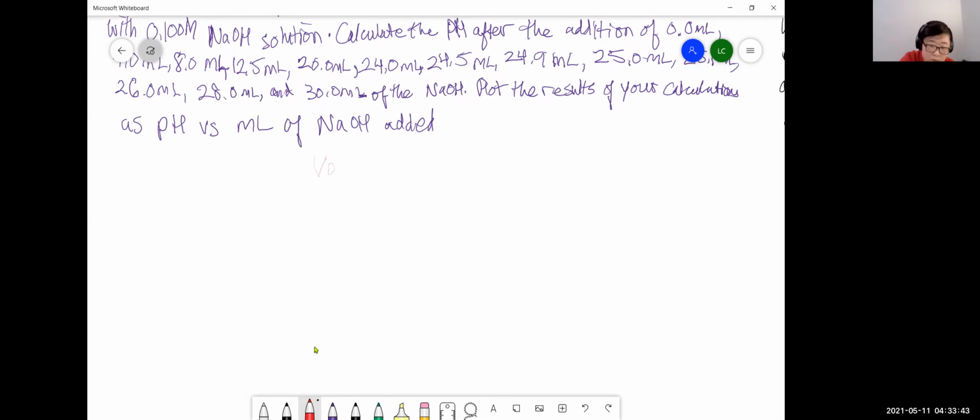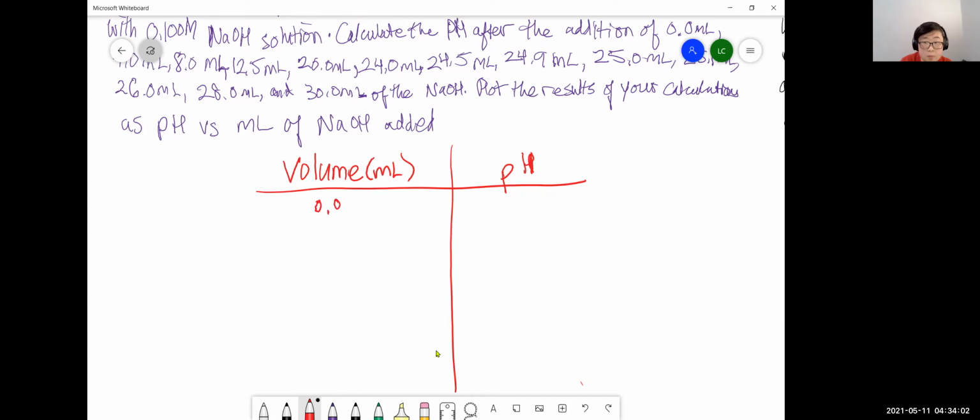Okay, here are the answers for this. So you're going to have the volume in milliliters, so I'll just write the answer like this, and the pH that you get. At 0.0, you will get 2.43. At 4.0, you should get 3.14.